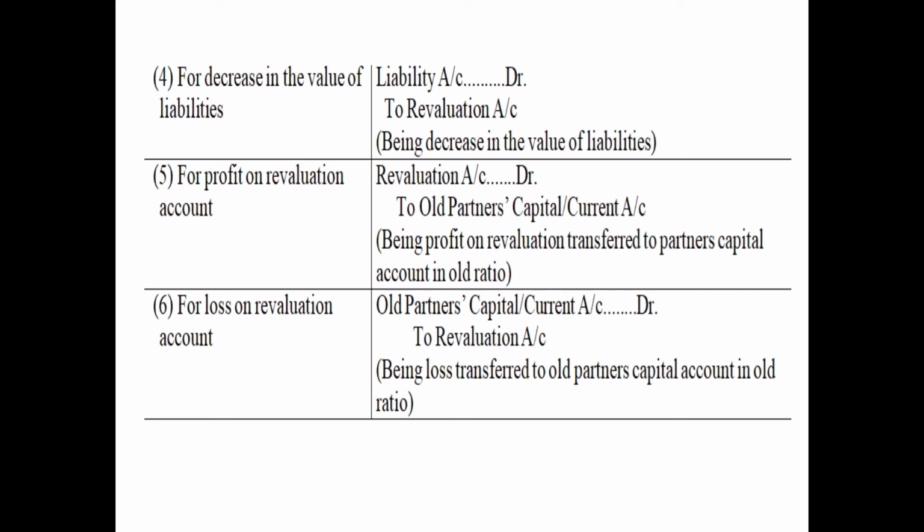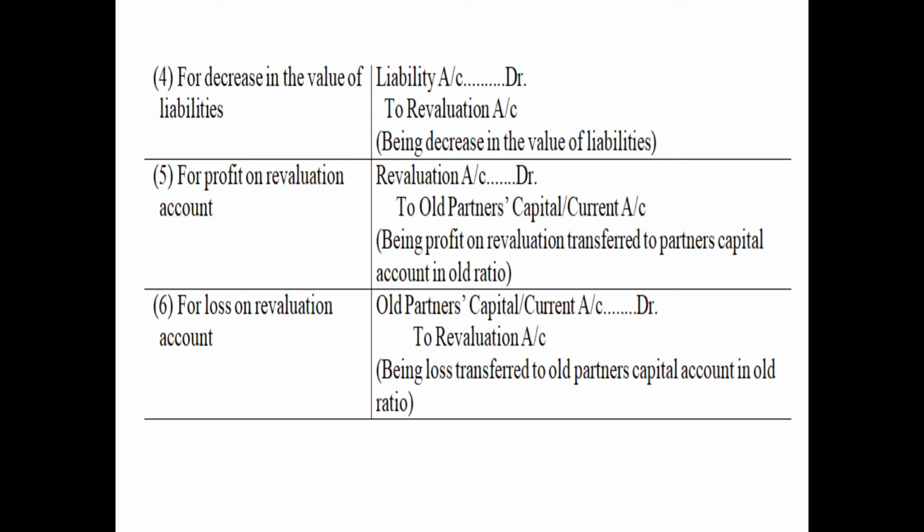And similarly, if there is a loss instead of profit, and if we are giving any loss to the partners in their capital or current account, it would decrease their capital, it would decrease the liability, and therefore the loss will be debited. So the entry will be old partners' capital or current account debited. Why? Because of this loss, their capital balance has decreased, the liability of the firm has decreased.